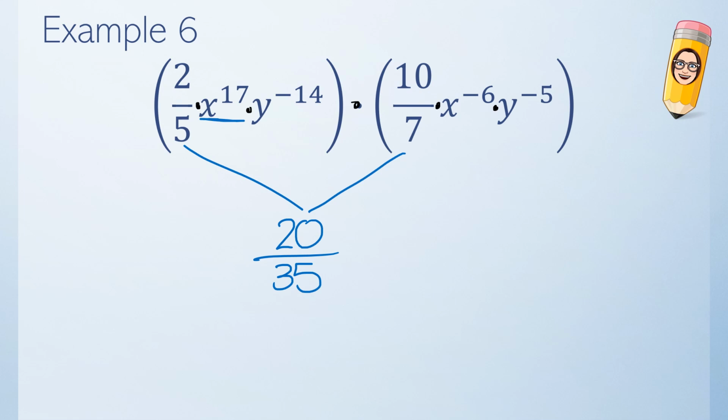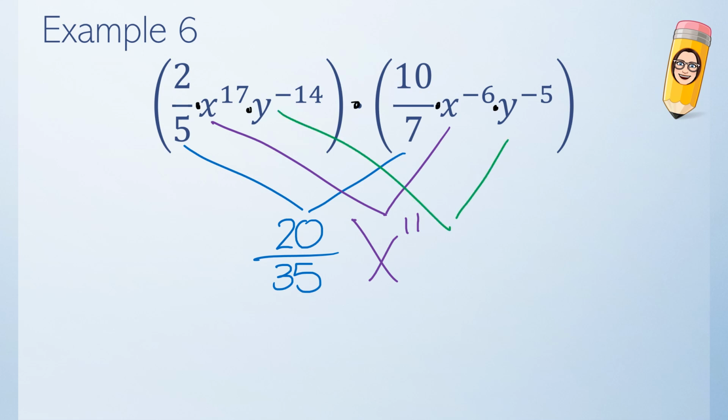When I multiply like bases, I'm going to try to color code here actually. When I multiply like bases, such as my x's, I add the exponents. So 17 plus -6 is 11. Let's take care of the y's. When I multiply like bases, I add the exponents. -14 and -5 is -19.